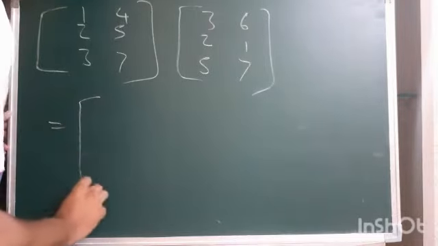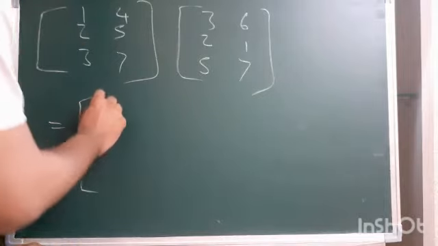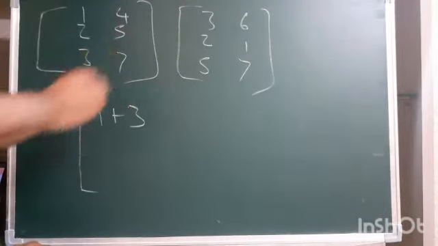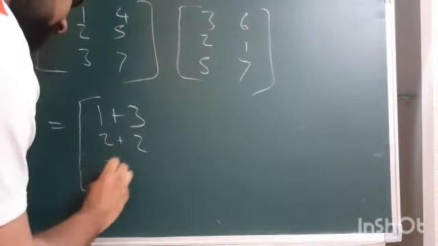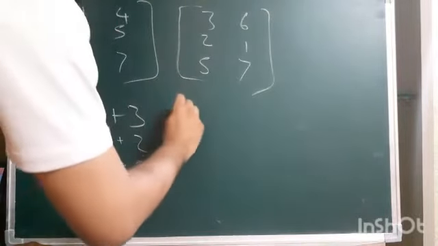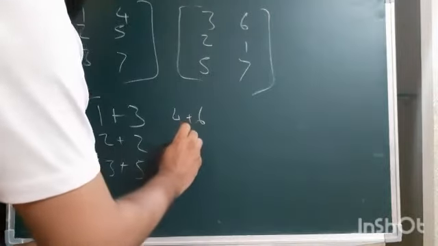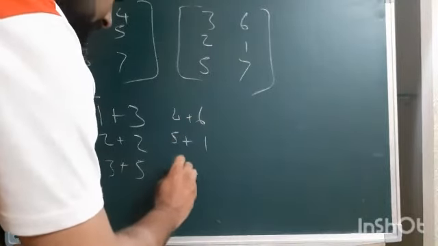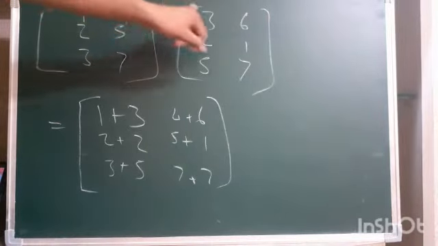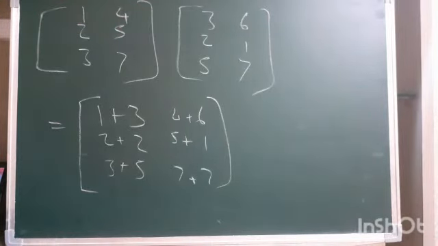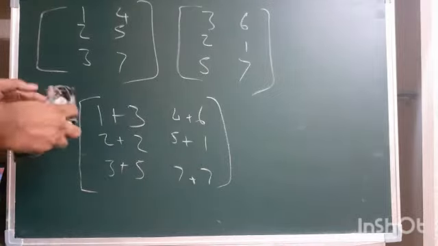You have seen 1 plus 3, 2 plus 2, 3 plus 5, 4 plus 6, 5 plus 1 and 7 plus 7. The numbers at the same place in the matrices are added, and the answer is found out.